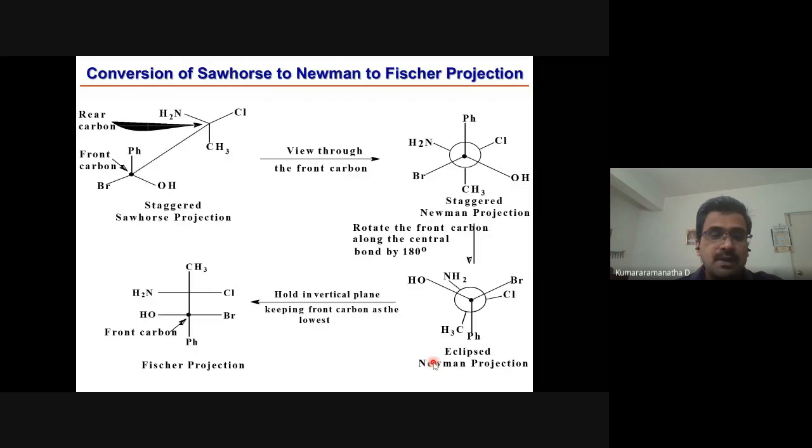So this way, given any kind of projection, Sawhorse, Newman, or whatever, you can easily interconvert into different forms. Identify which carbon is which, from which direction you are viewing, make it front carbon and rear carbon, and accordingly you may classify.